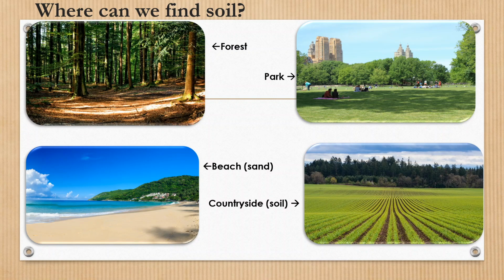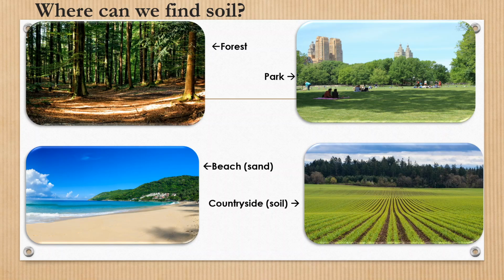But where can we find soil? Well, remember that in the other lesson I told you that everything that you see where animals, plants, and we can walk and stay, it's land, it's soil. But we can find it in different places. Think, is the soil from forests or parks the same?